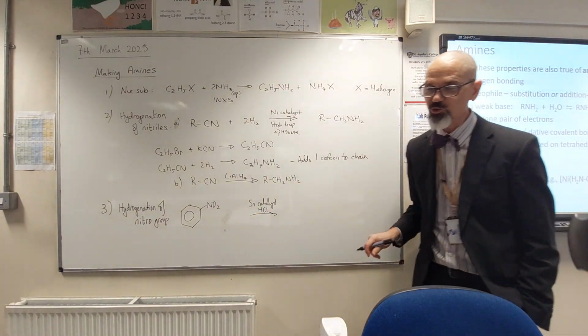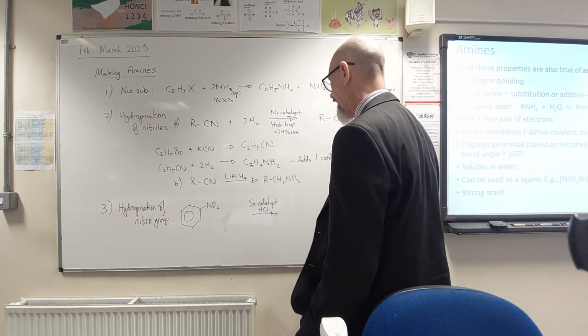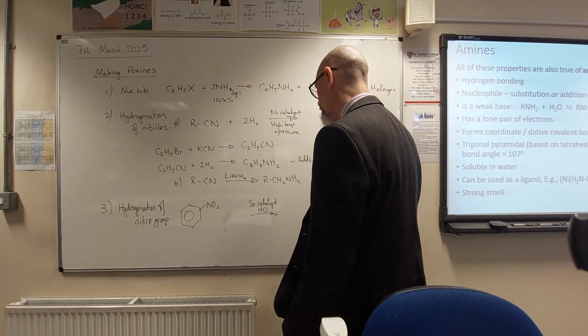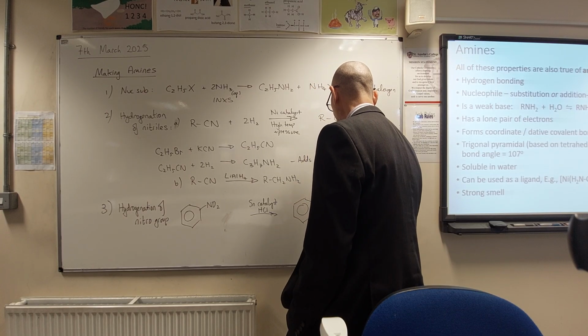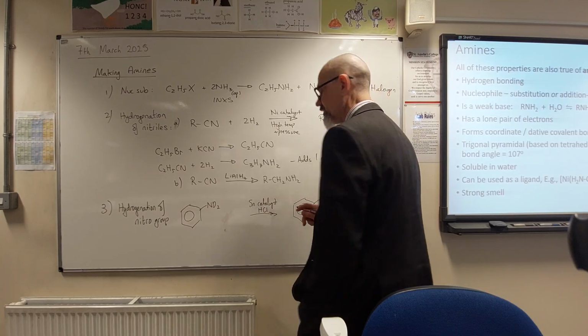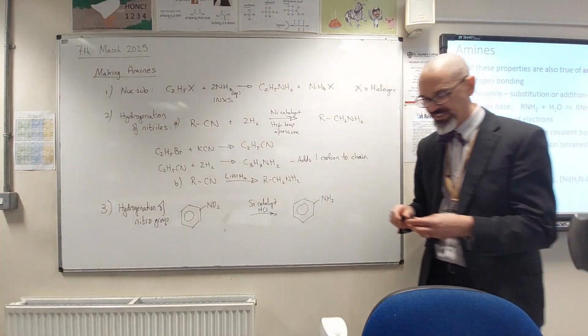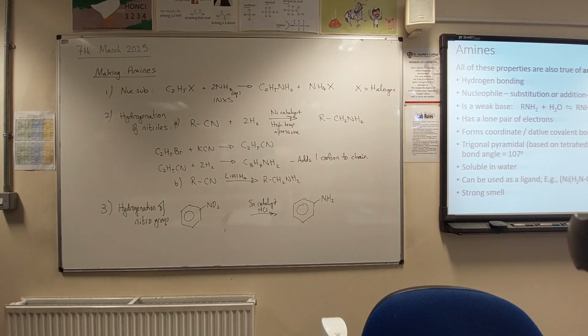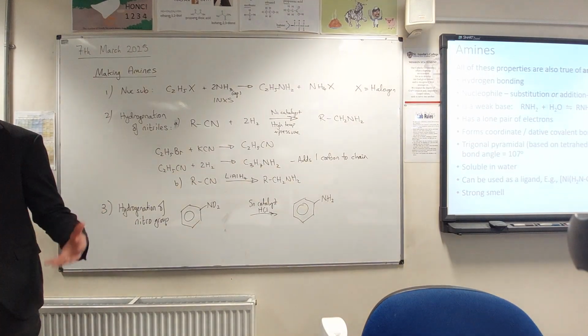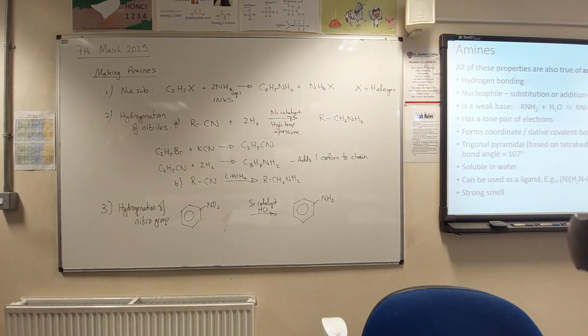Or I can hydrogenate NO2 groups with a tin catalyst in HCl, what used to be called nascent hydrogen. That means that the metal and the acid are making the hydrogen in real time, and then the hydrogen's reacting, rather than getting hydrogen from a big cylinder of hydrogen and passing it down a pipe.